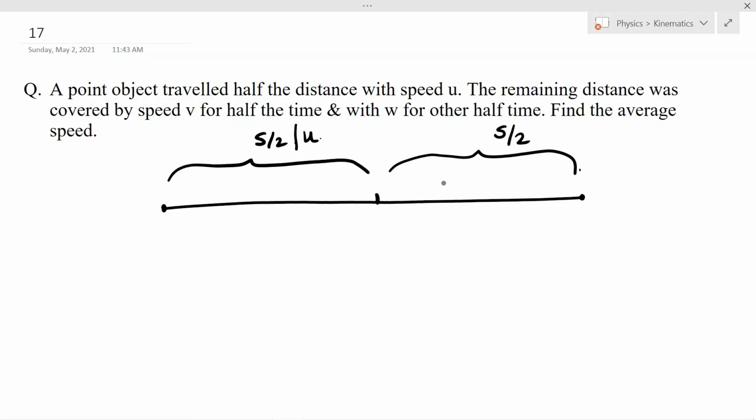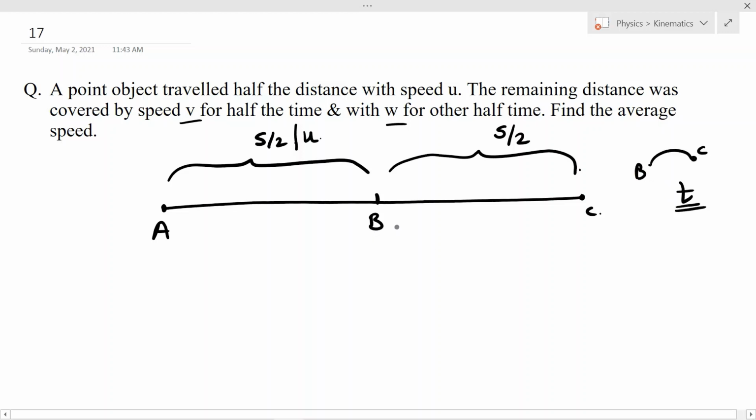But now in this case, for half time it traveled with speed v, and for the other half time it has traveled with speed w. So let's assume the time it has taken to travel from point B to point C is t. Now let me divide it in two parts.